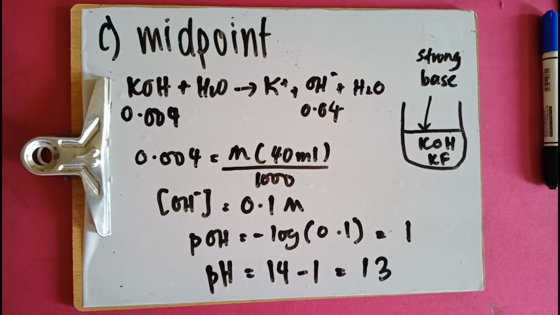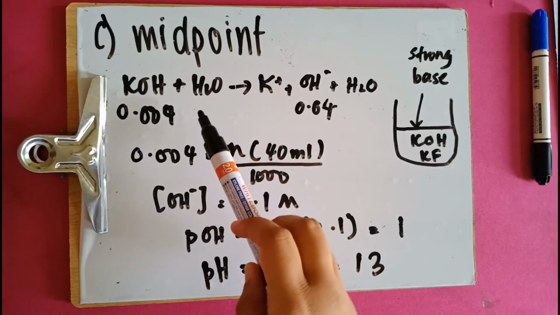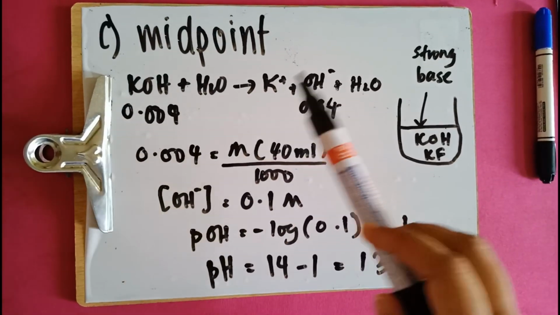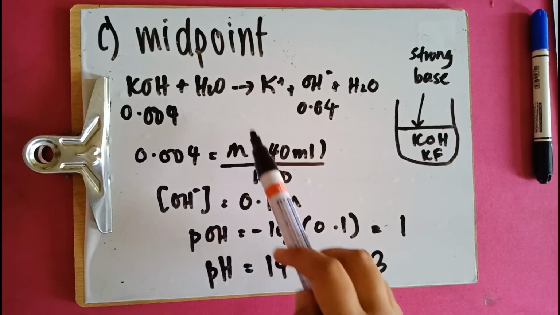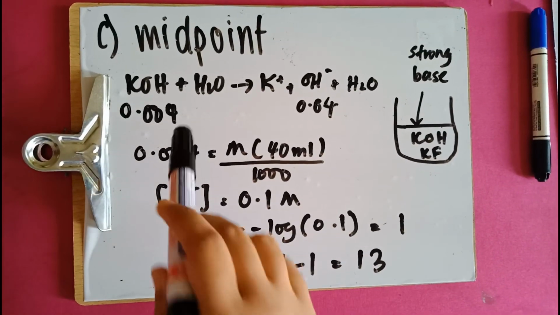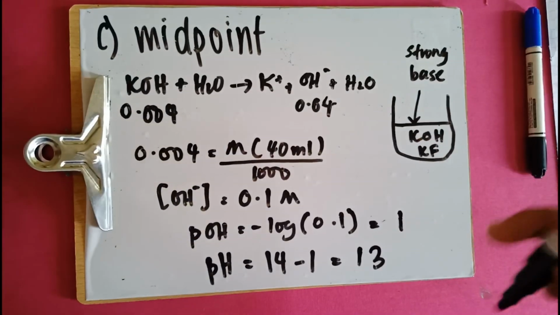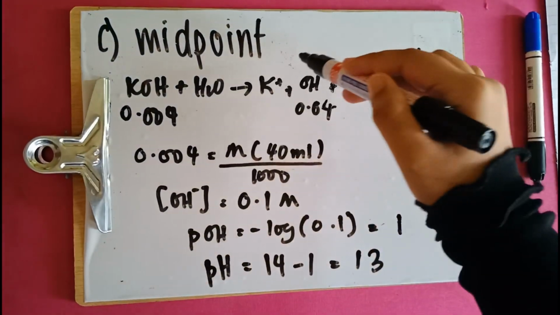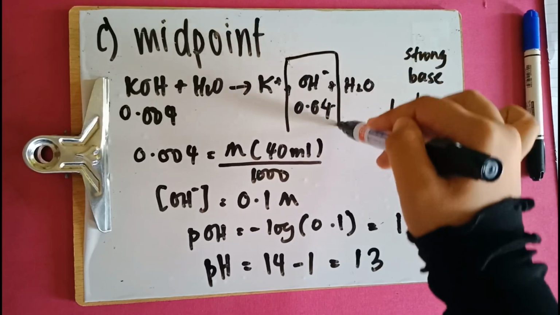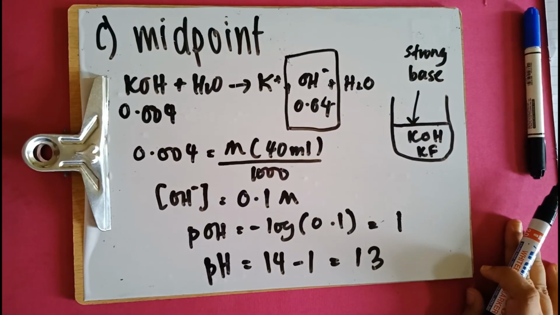So the KOH will dissociate in water, and since it is a complete dissociation, the mole is the same for the product and the reactant. So we have the mole of OH- is 0.04.